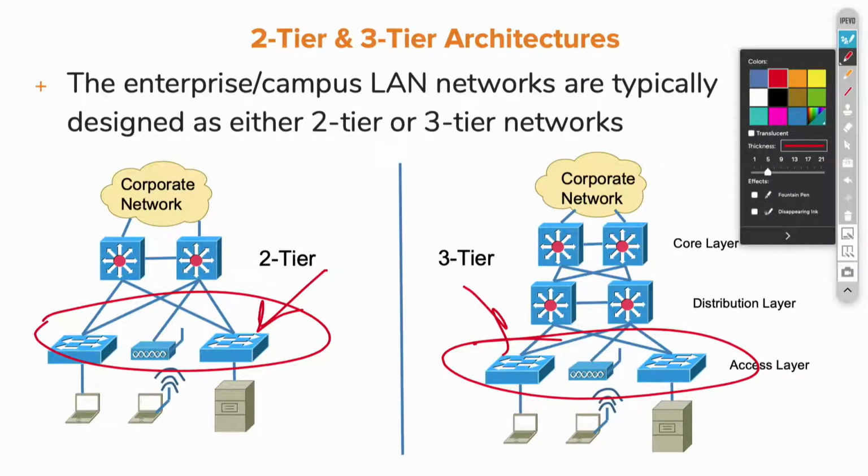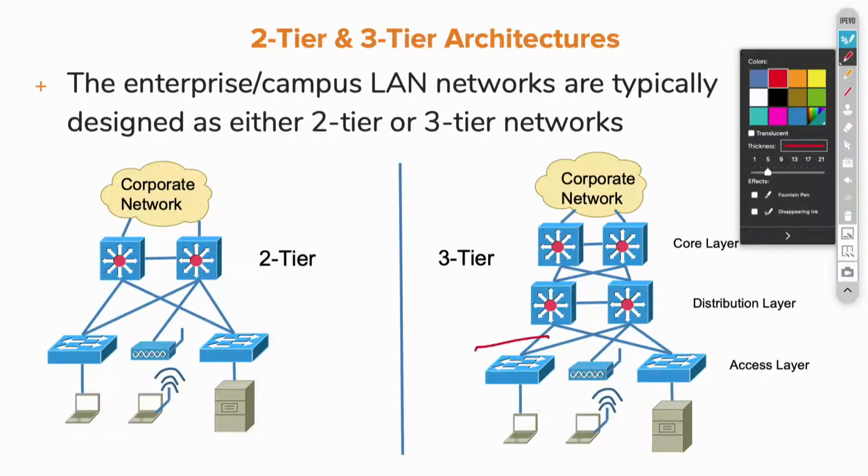And also another characteristic of this is we want quick and easy connection to these devices. So we want to provide very common ports. We want to make the user's connection to the network very easy so they don't have to jump through a lot of hoops to get onto the network. So however that's done to make it easy and streamlined will be done at the access layer.